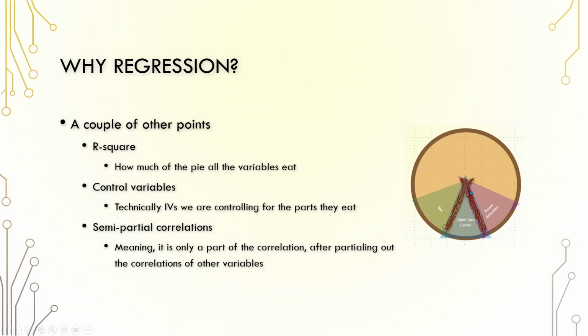So if we've got, let's say, parent education and the vocabulary variable, and I ran just the correlation between parent education and vocabulary, that is a correlation. But if I do it in a regression model, I am controlling for child center quality and sex. And so my correlation now between parent education and vocabulary isn't the whole correlation, it's just a part of the correlation. That's where semi-partial comes in.